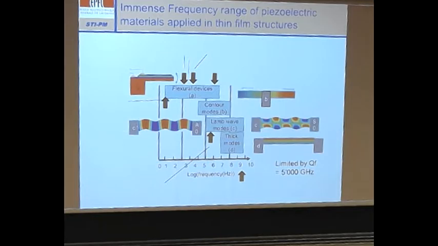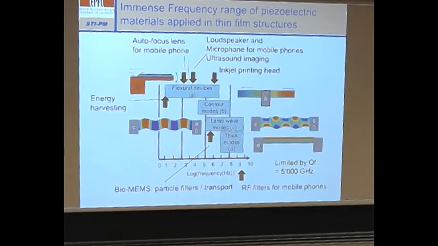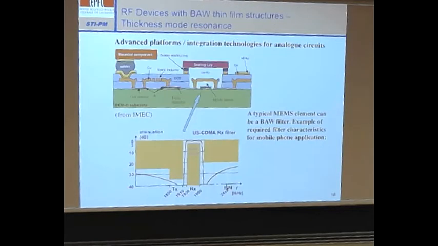This is the basic asymmetric mode, a wave like this in a membrane. You can go down in frequency to maybe hundreds of kilohertz and up to megahertz or so. Then there are more complicated Lamb waves where you also have thickness mode coupling, and they go up to gigahertz, whatever you want. And this is then the thickness mode, the FBAR. I put some applications here.